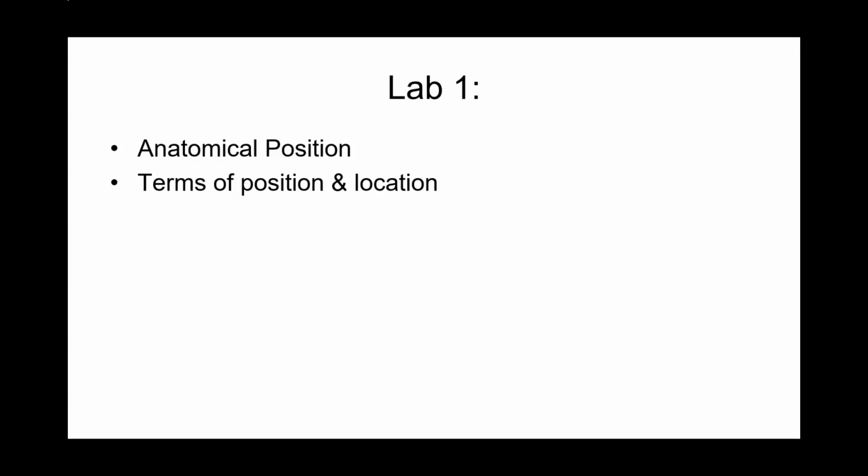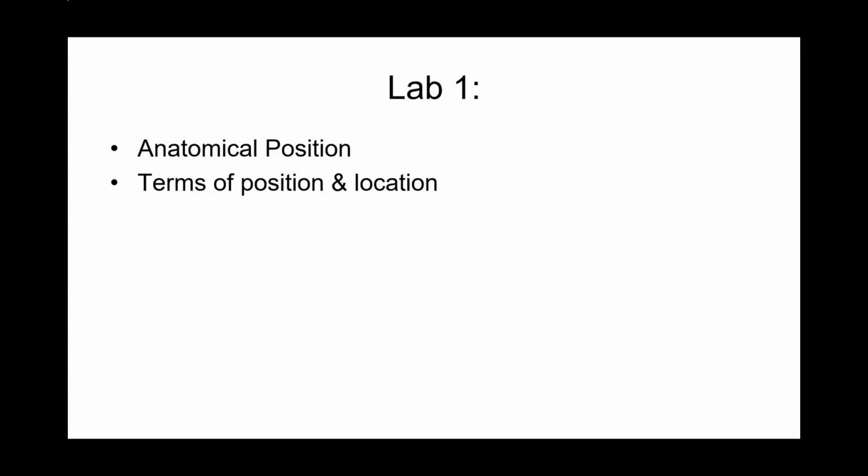In this first lab and in the set of mini lectures that accompany it, basically what we're trying to do is just introduce you to the human body and how it's organized and talk about some terminology. Again, it's supposed to give you just a basic framework to fit the upcoming details into.